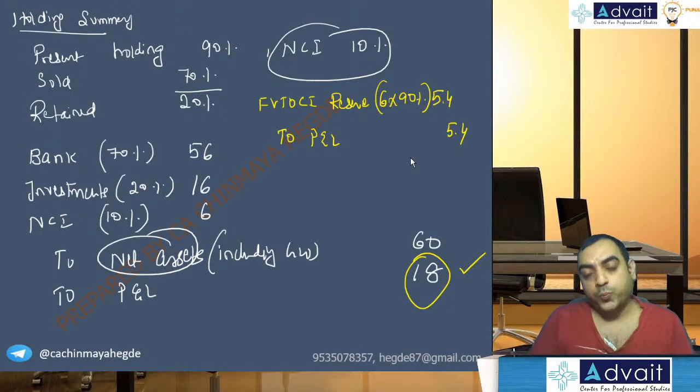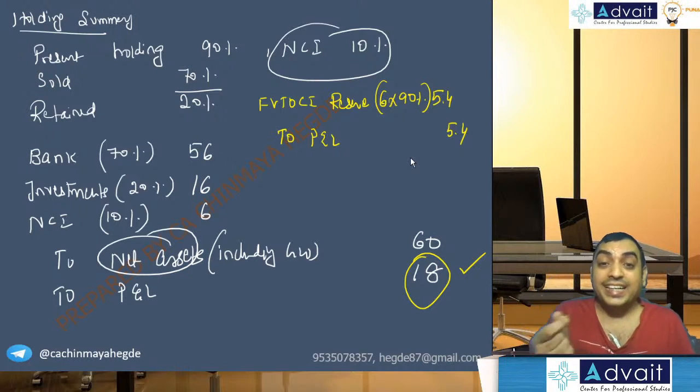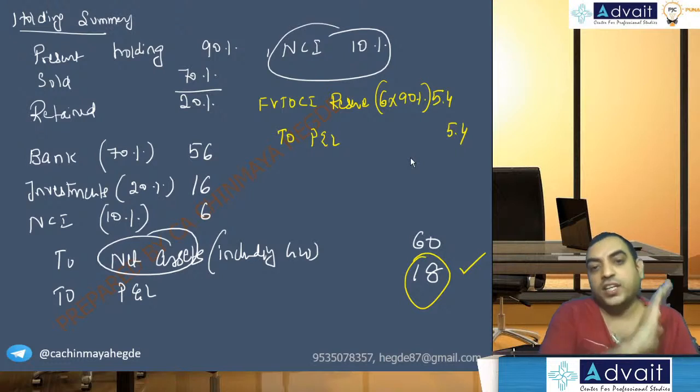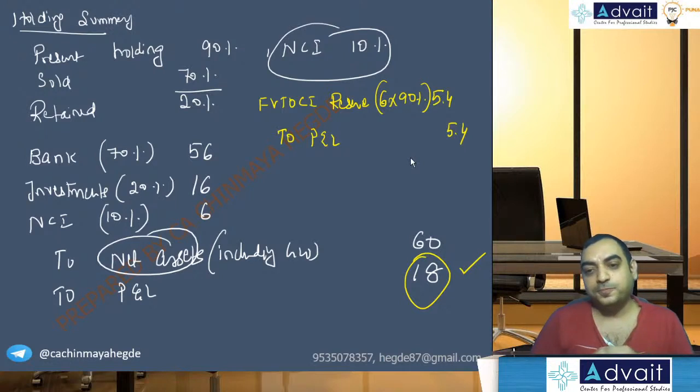Same thing, do it now. You are having FVOCI reserve of 6 crores on debt investments. Now that should be transferred to P&L account. You cannot transfer entire 6. The reason being 90% only you would have transferred. Balance 10% you would have taken to NCI. So how much is your portion? 90%. Only that should go to P&L account.